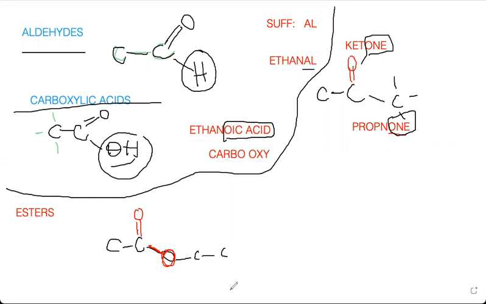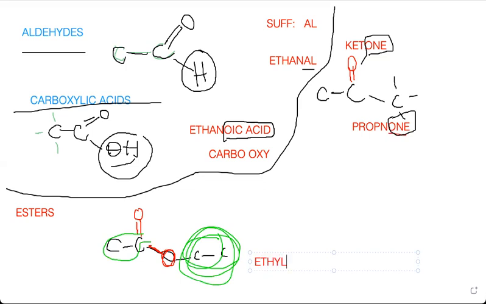This is ester. Okay. So yes, esters are a little difficult. This part and this part. This part will be named first. So the right hand part is ethyl. There are 2 carbons. Ethyl. And you can check the left side of the part.